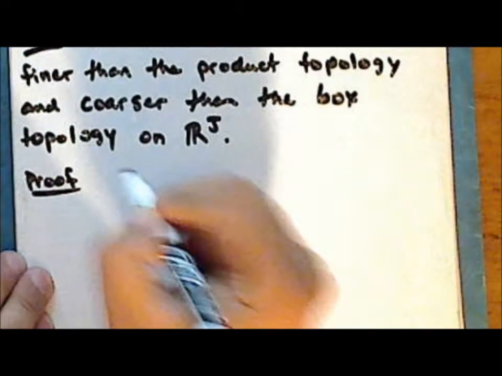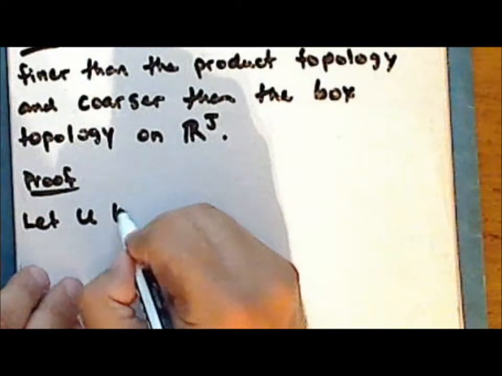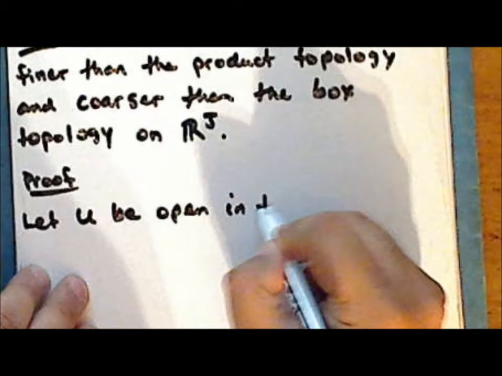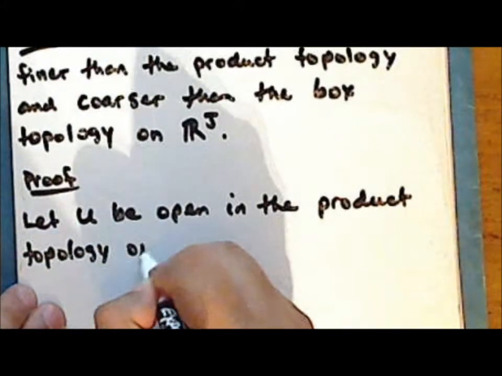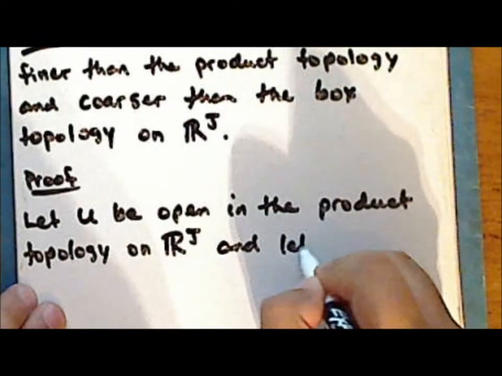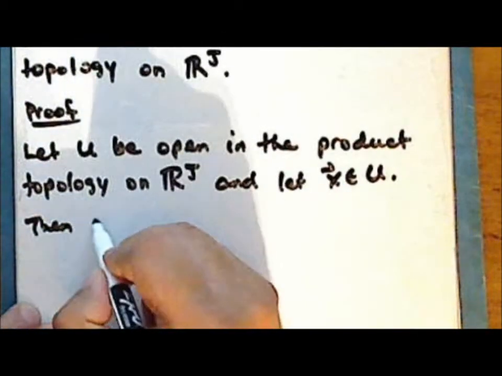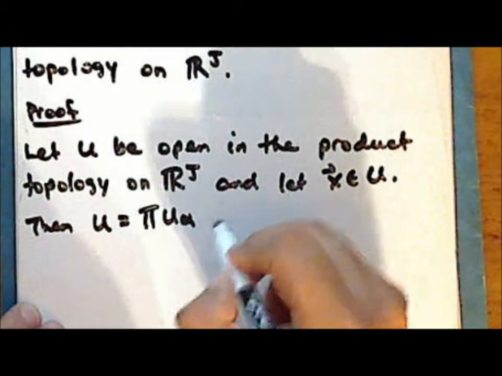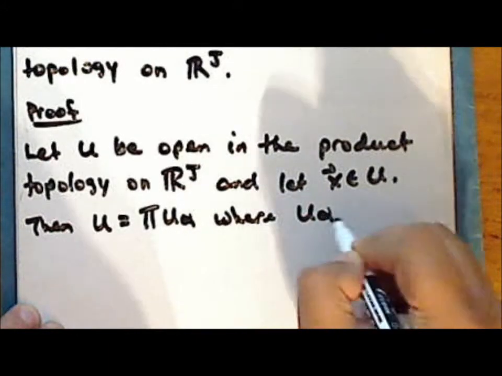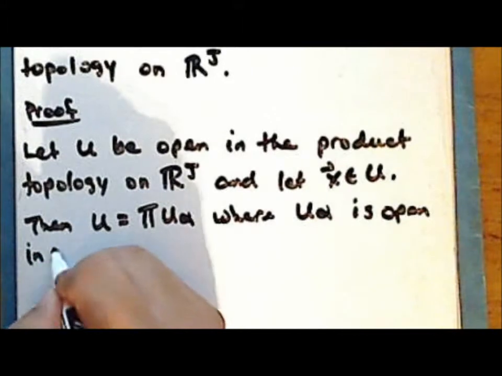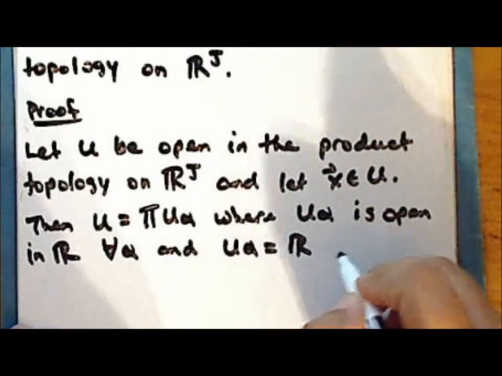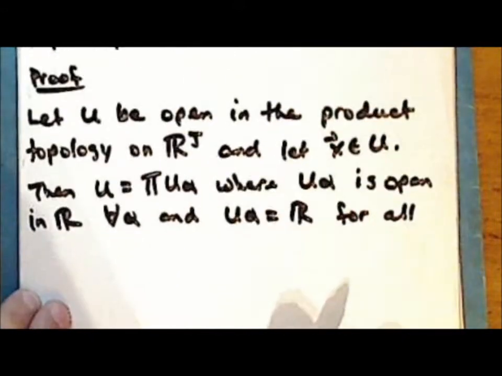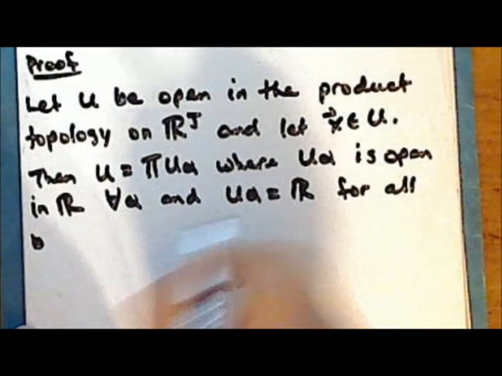Okay, so let the set U be open in the product topology and let the point x be in the set U. Then the open set U is a product of sets U sub alpha, where U sub alpha is open in the real line for every index alpha, and U sub alpha is in fact equal to the real line for all but finitely many values of the index alpha.